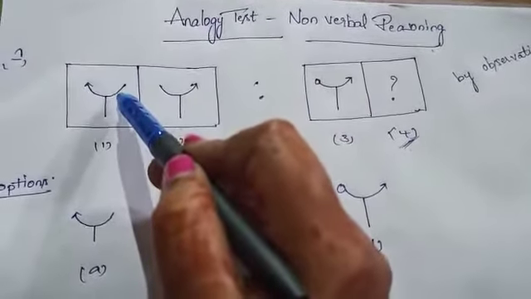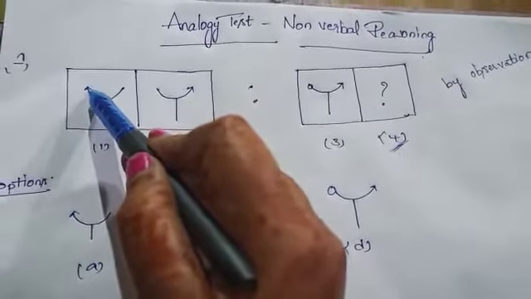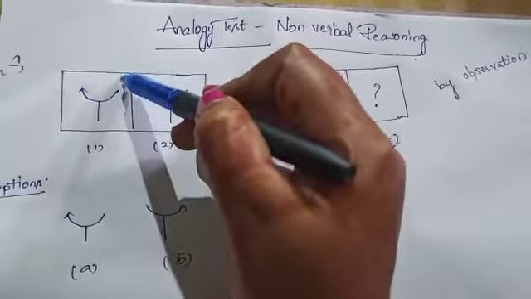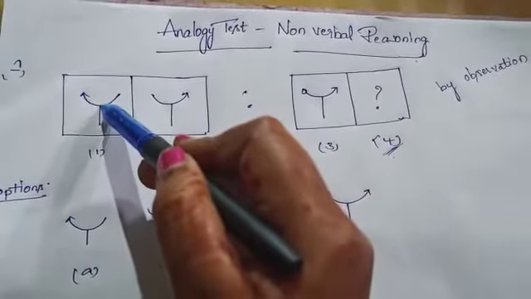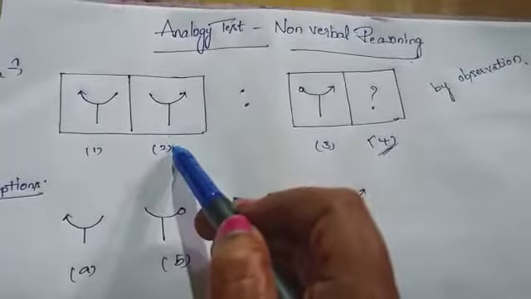See the first figure. Here we have one arrow, and this arrow is in clockwise direction, and one line. See the second figure.